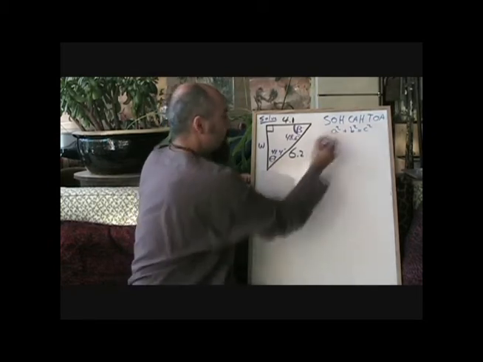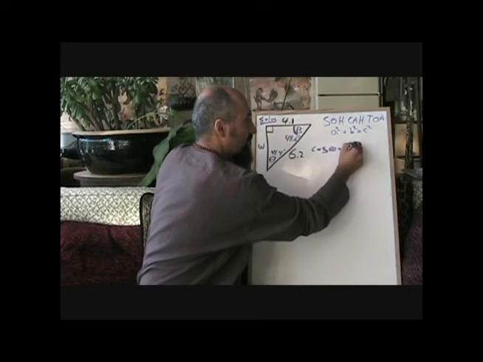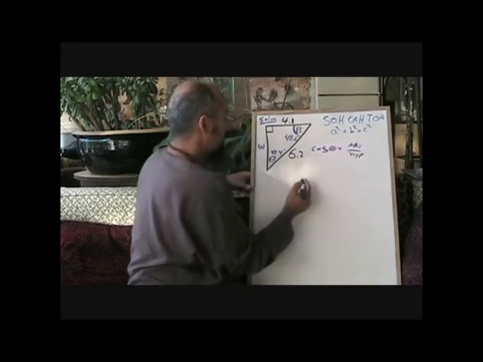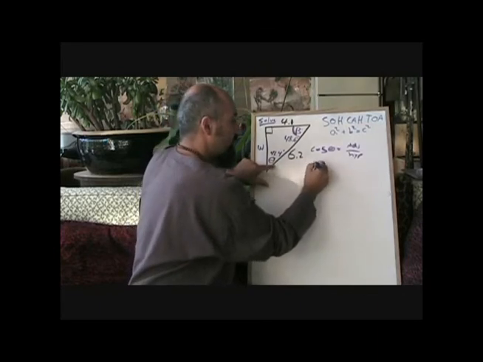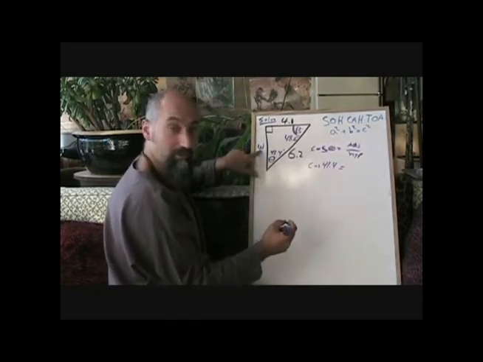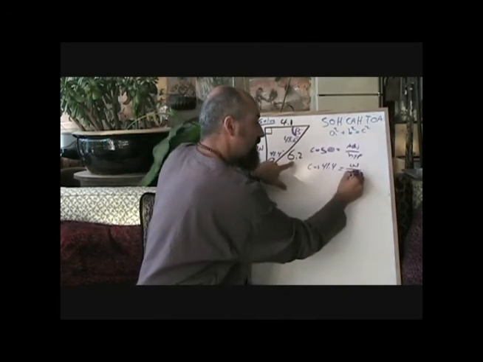So we're going to go cos theta is equal to adjacent over hypotenuse. So theta we already know, which is cos 41.4 is equal to adjacent, which is W, over hypotenuse, which is 6.2.